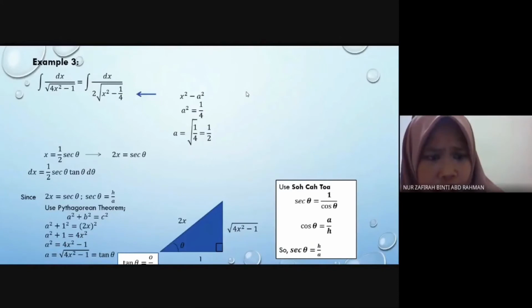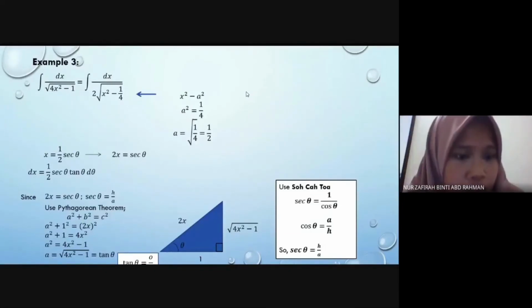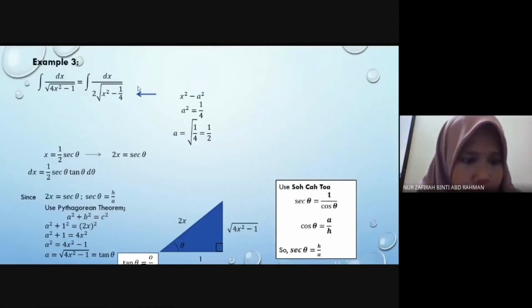However, in this question we want to find the value of secant theta. So secant theta equal to hypotenuse over adjacent. By using the Pythagorean theorem, a squared plus b squared equal to c squared.